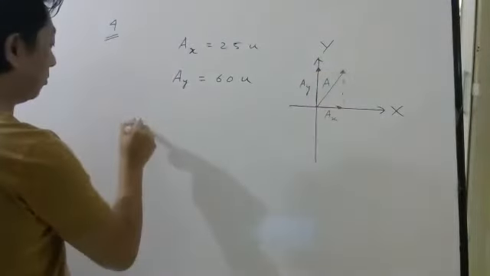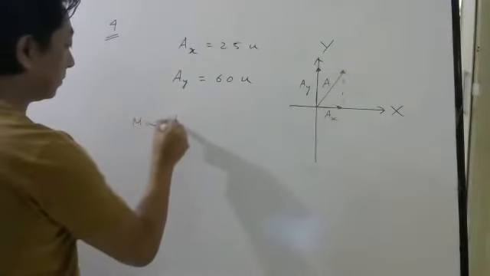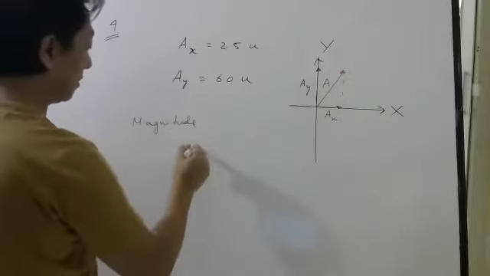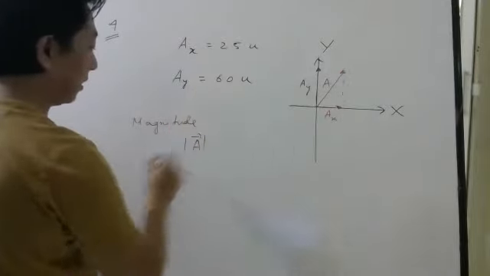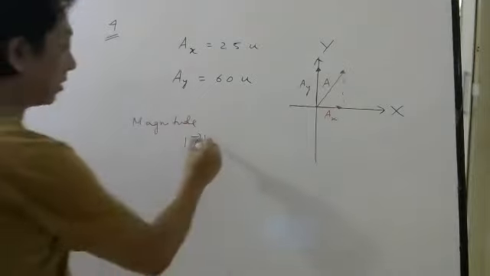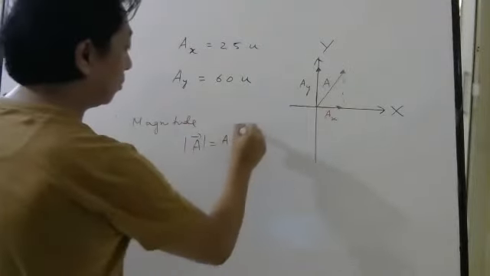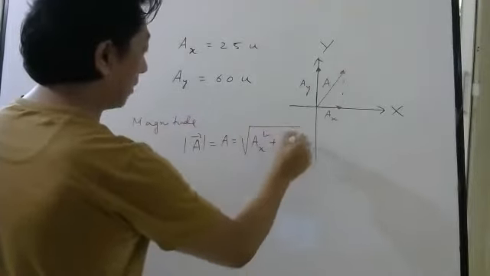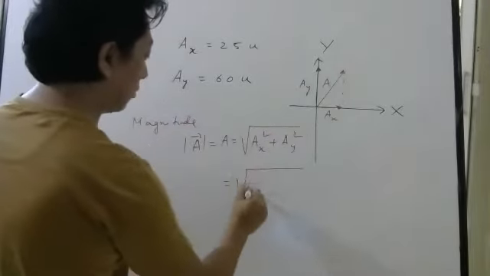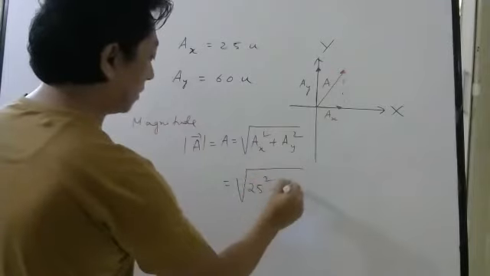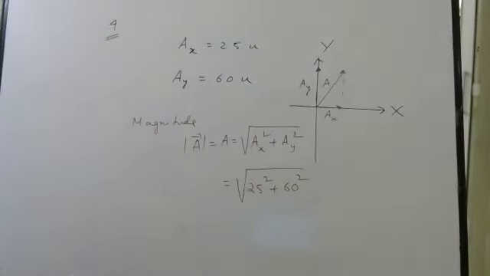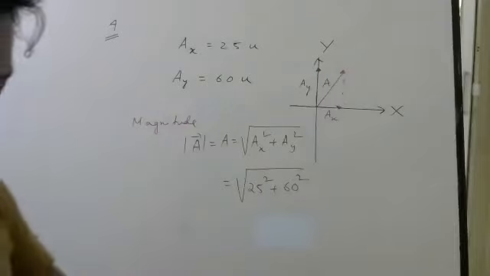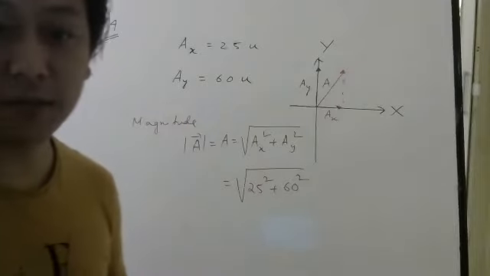So magnitude, you know the formula. When you know components, the magnitude of the vector you can write as root over Ax square plus Ay square. So root over 25 square plus 60 square. How much is this? 25 square is 625, right?